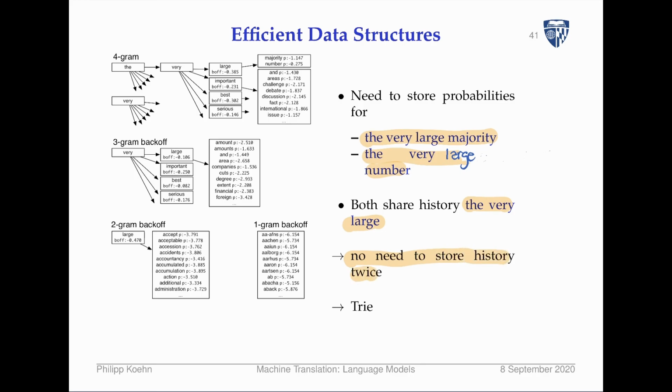The idea is to have a trie data structure that first indexes the word "the", then "very", then "large", and then you have the two possible choices, "majority" and "number", which is where you store the log probability values. Another thing you store along the way are back-off values. These are data structures that are used to store language models.